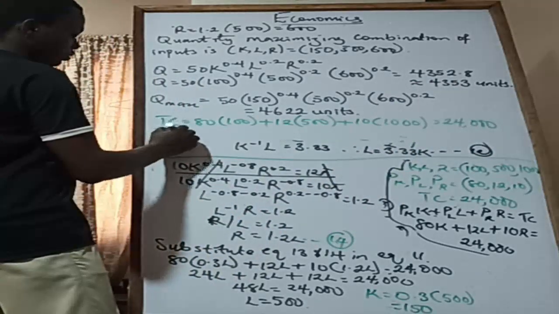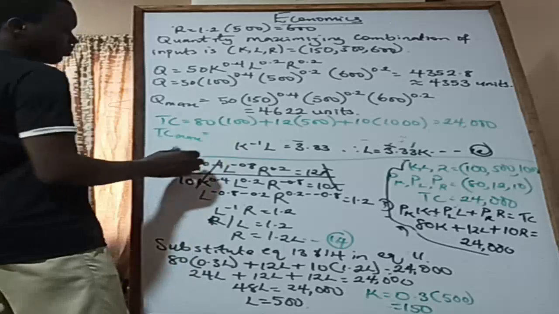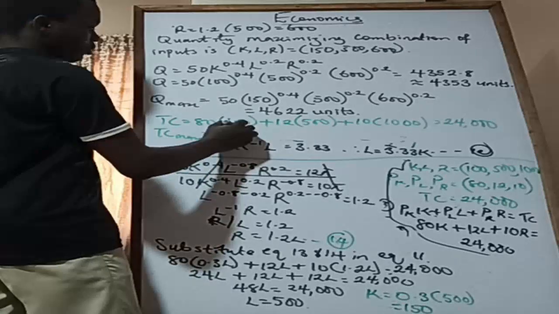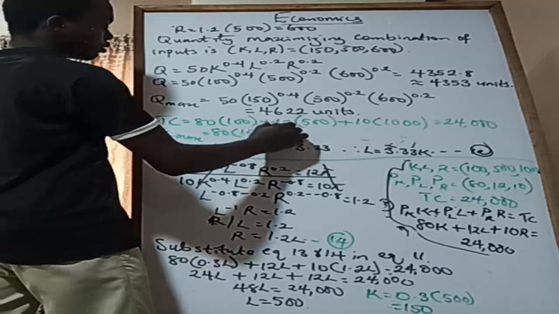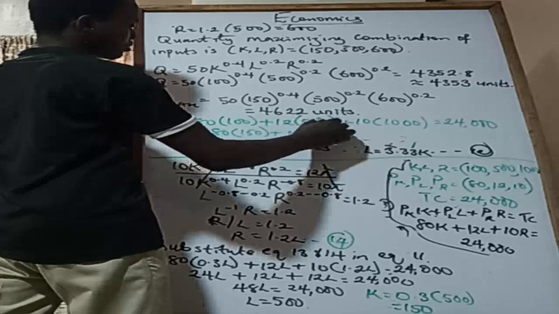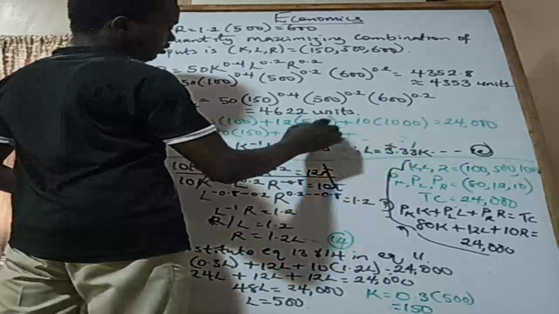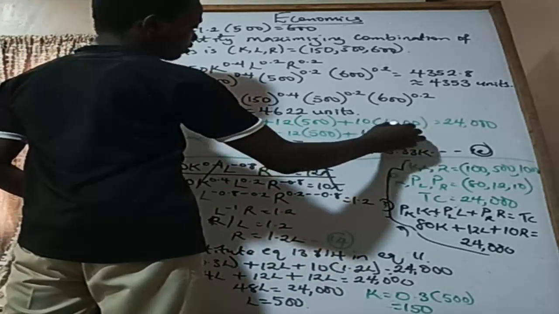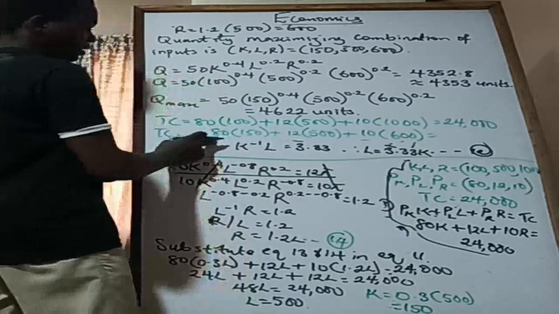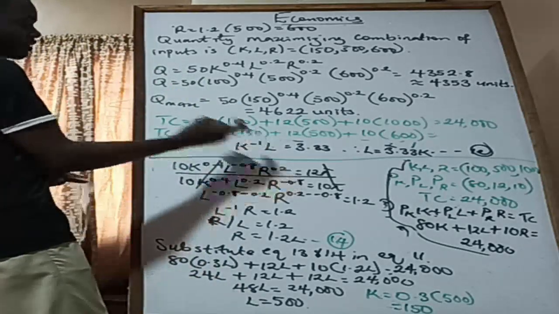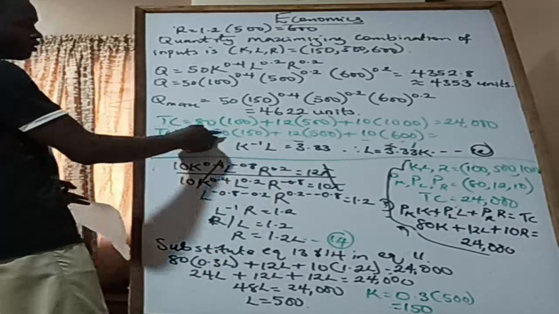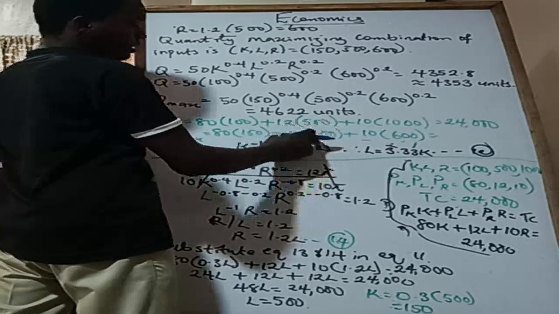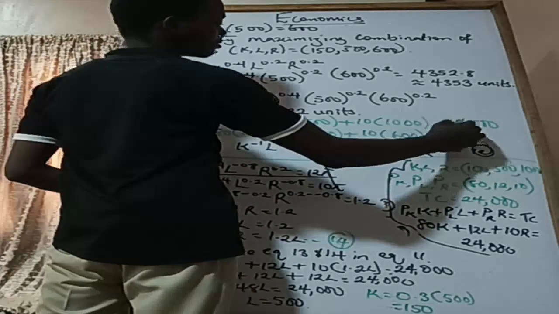Now look at the TC where the business is making the best use of its total cost. This is 80 multiplied by 150, plus 12 multiplied by 500, plus 10 multiplied by 600. 80 times 150 is 12,000, plus 6,000 is 18,000, plus 6,000 is 24,000.